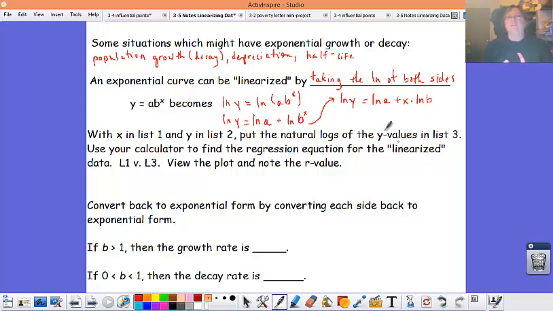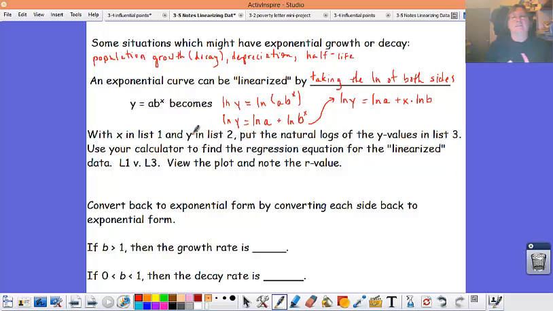Ladies and gentlemen, the interesting thing is, as you look at this equation closely, you will see that we have a linear model, really. Y equals, over here, that's the constant part, or the y-intercept. Here's the slope, the natural log of b, and there's the x. So we really have an equation that's in the form of y equals mx plus b, if you will.